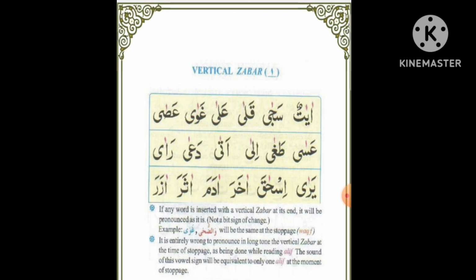Ayatun, Saja, Wala, Ala, Gova, Arso, Arsa, Togo, Ila, Ata, Da'a, Ra'a, yara, Ishaq, Akhar, Adam, Athar, Azar.